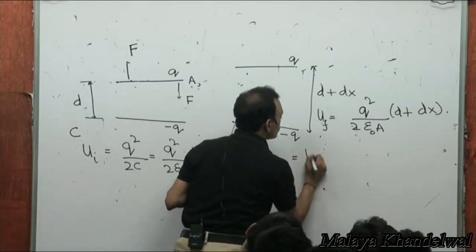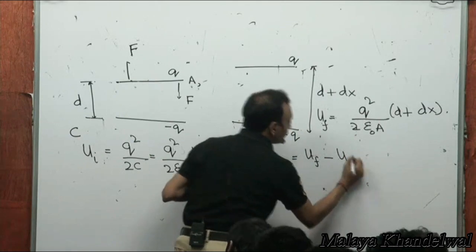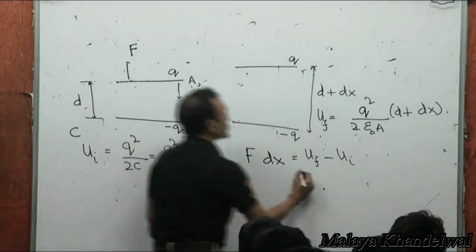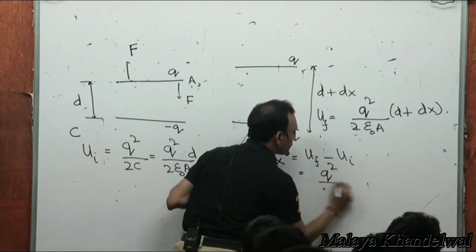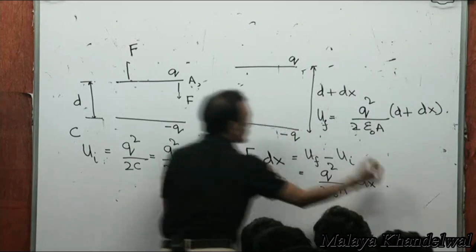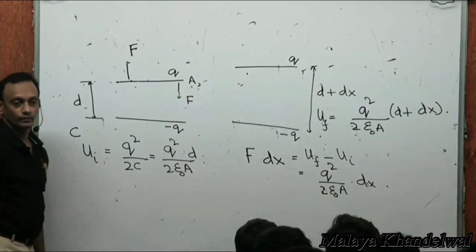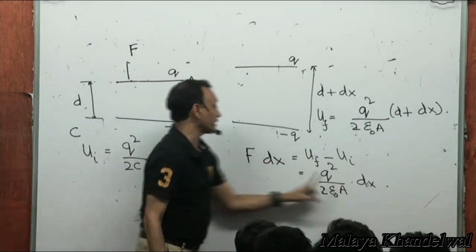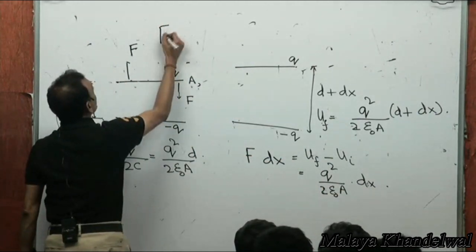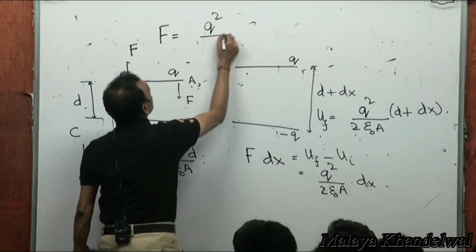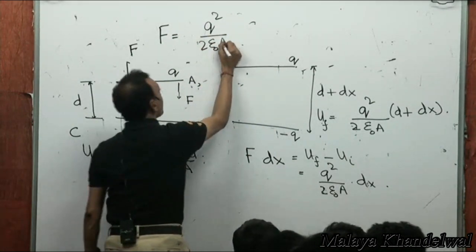This must have been UF minus UI, and UF minus UI, as you can see, is Q squared by 2 epsilon naught A into dx. So the force of attraction, this dx will get cancelled. The force of attraction, which is also the external force applied, is Q squared by 2 epsilon naught A.